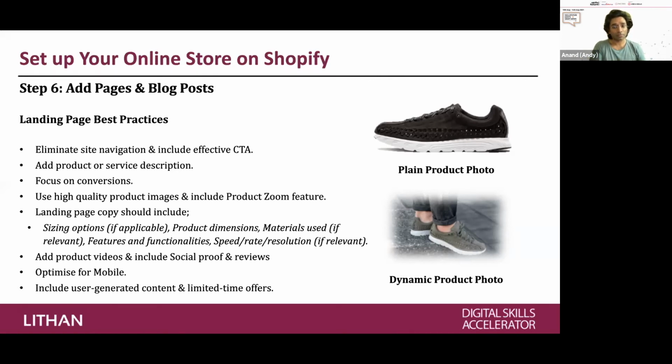If they're coming from an iPhone, then again, Shopify has the functionality where it's mobile responsive. It will automatically squeeze in, fit in, and show it in a way where the viewer is having a good user experience.